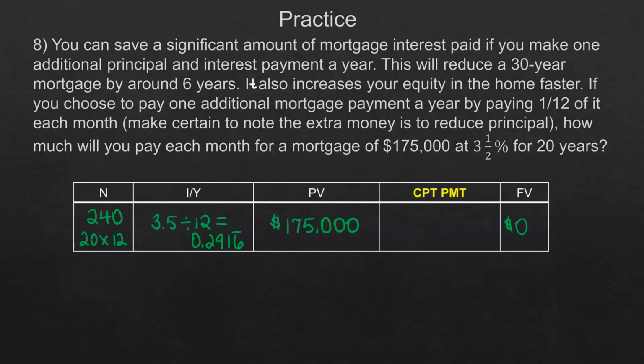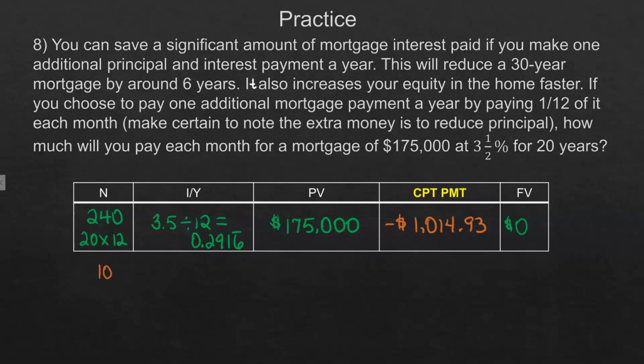All right, so put this all on and compute your payment, and you'll find that your payment is $1,014.93. And then we're going to take that payment. What they want to know is how much more would you pay on your payment if you wanted to pay 1/12 of that payment amount each month so that you're adding an extra payment per year.